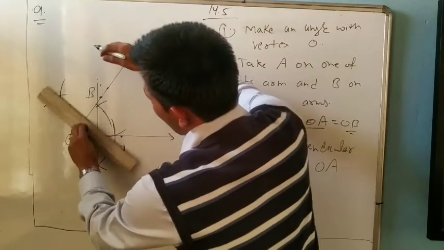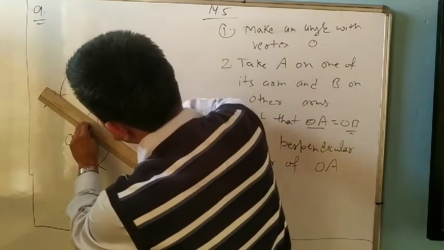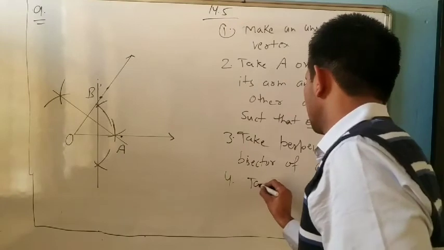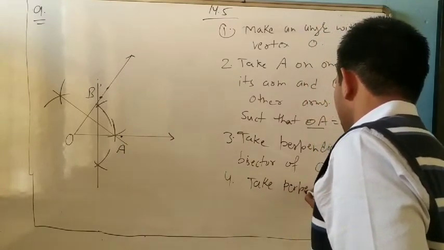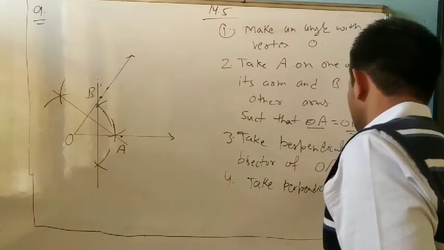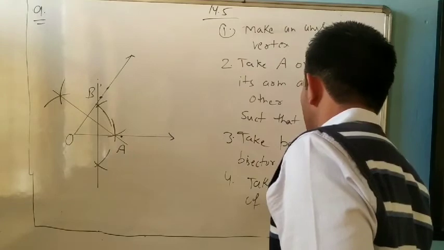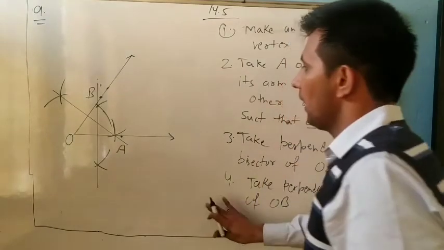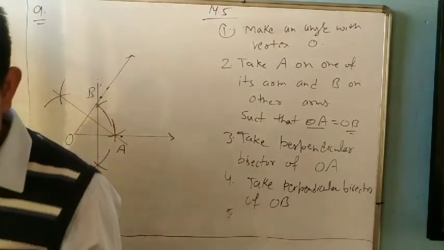It is the perpendicular bisector of OB. Right. Take the perpendicular bisector of OB. Understand or not?